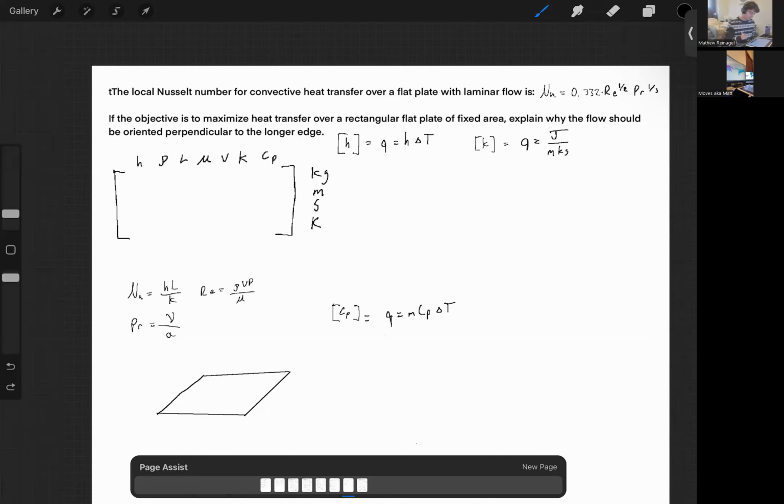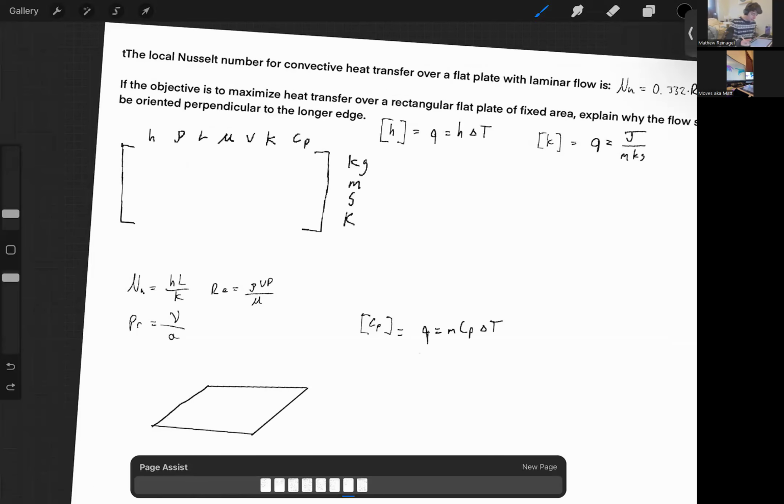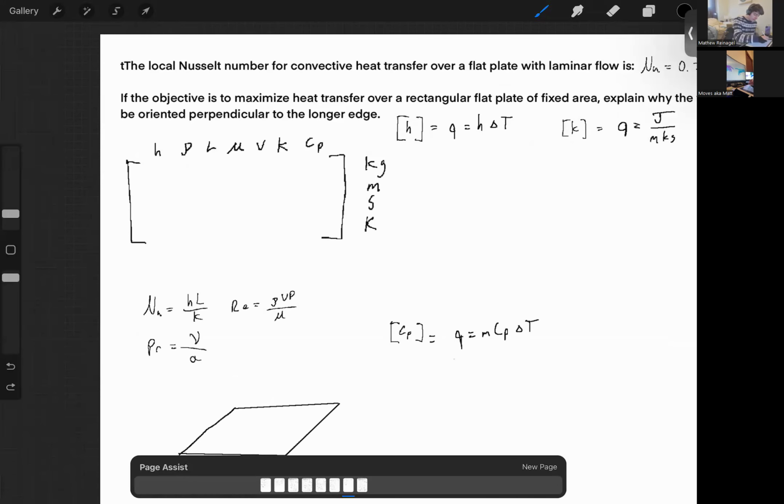Before we start doing the math to prove that it being perpendicular would be optimal for heat transfer, I'm going to do a more advanced Buckingham Pi than we did last time in the previous part of this assignment. As you can see, we have heat transfer, thermal conductivity, and heat capacity, which means that on top of mass, length, and time, we now have to consider a fourth dimensional group, temperature, when we're making our dimensionless groups.